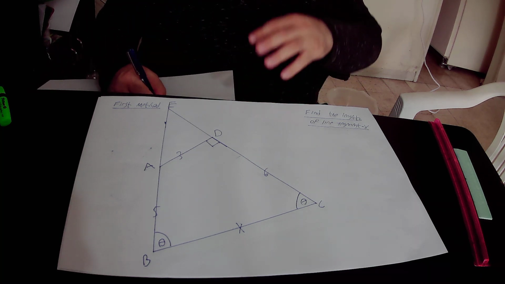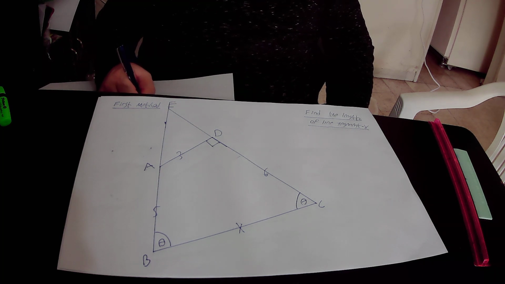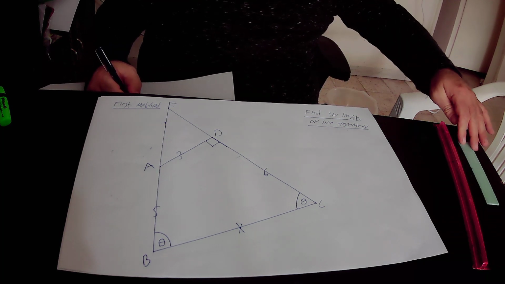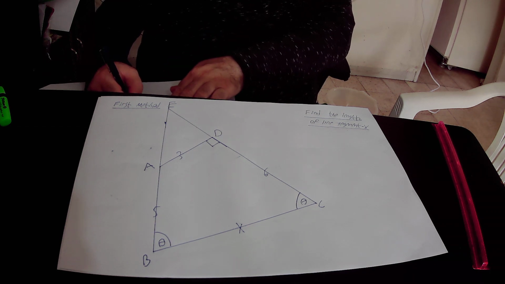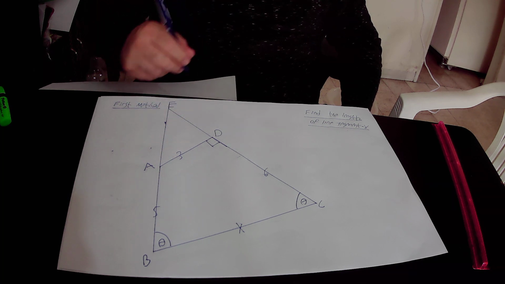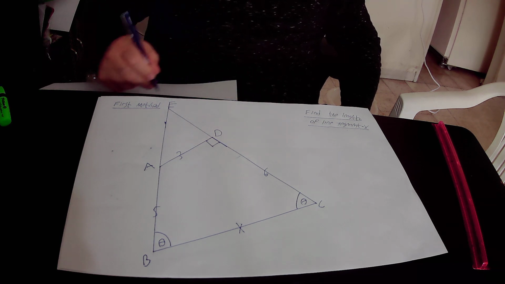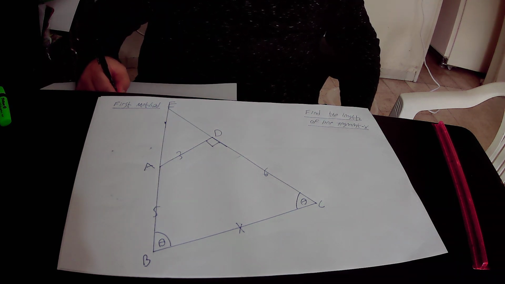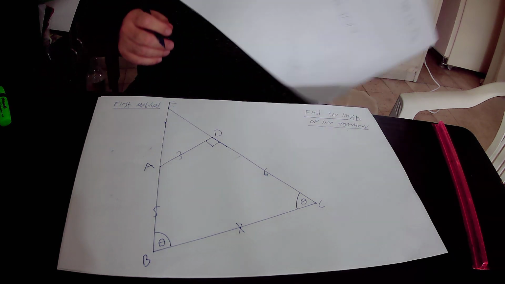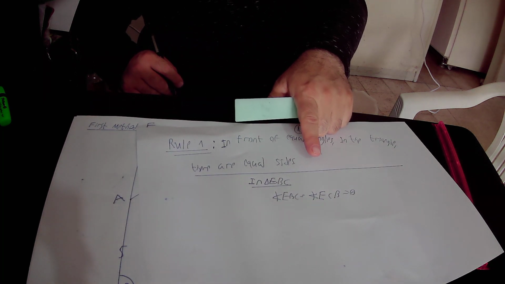In triangle EBC, angle EBC equals angle ECB, and they are both equal to theta. I'll repeat again: angle ABC equals angle ECB, and they are both equal to theta.